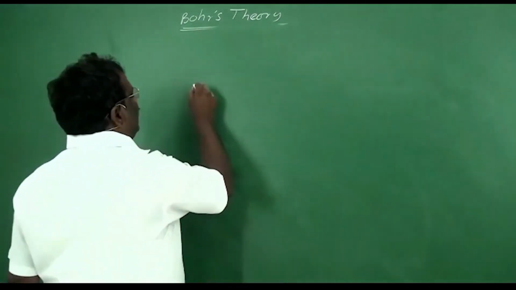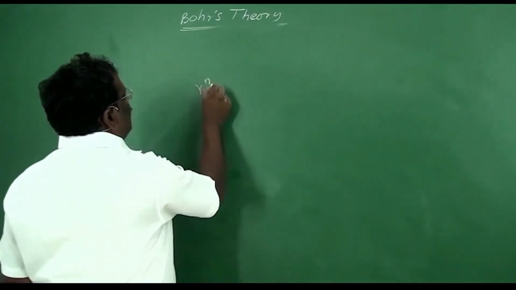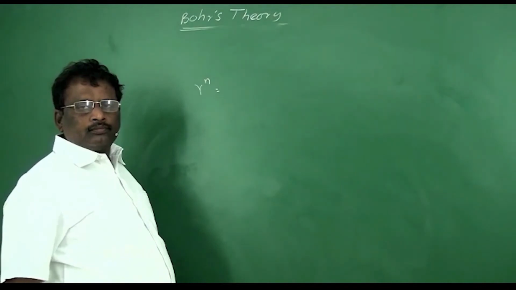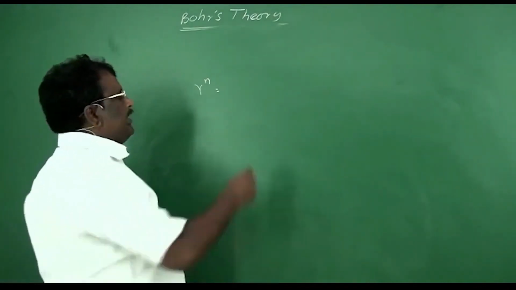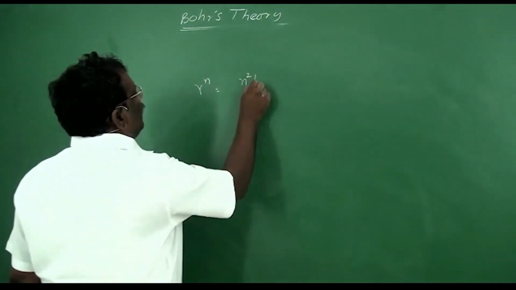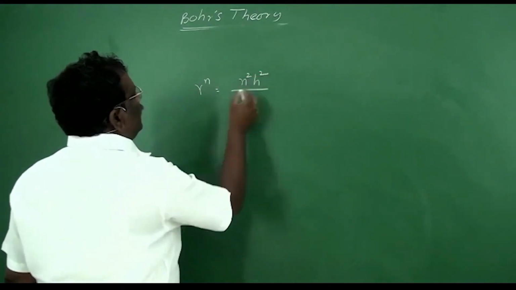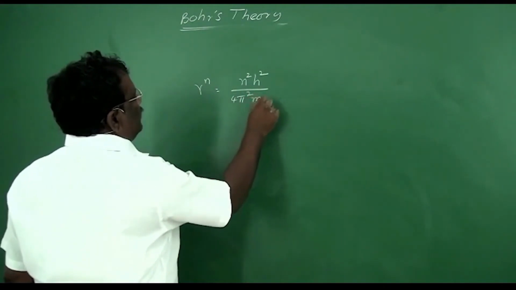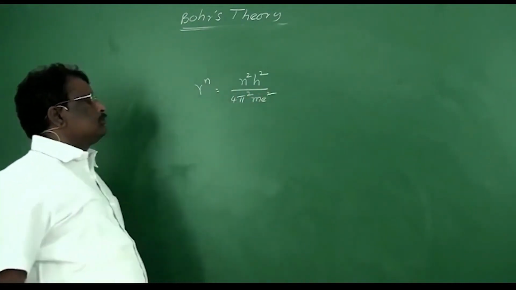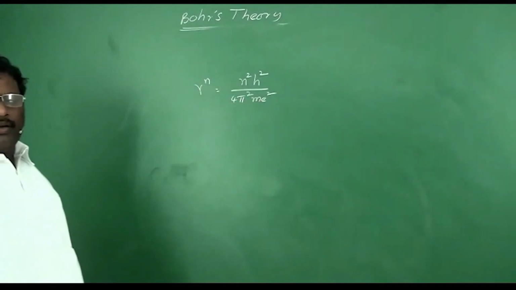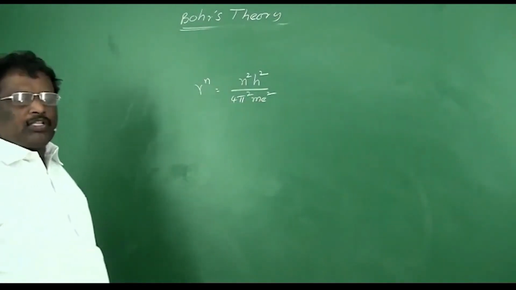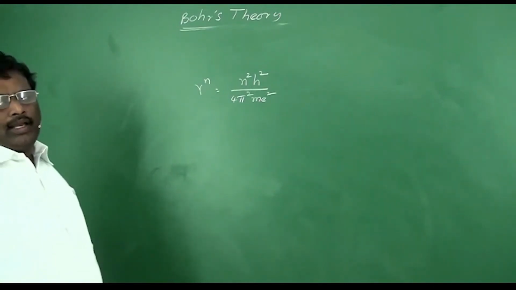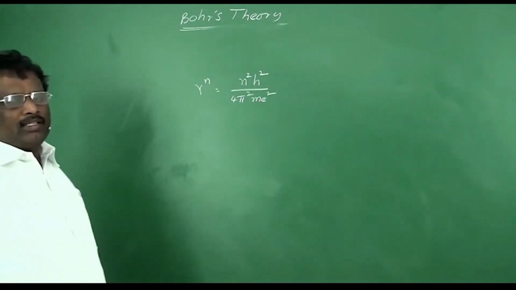The radius of the nth orbit of the hydrogen atom, Rn, is equal to n square h square by 4 pi square m e square. This is the expression for the calculation of the radius of the nth orbit of the hydrogen atom.